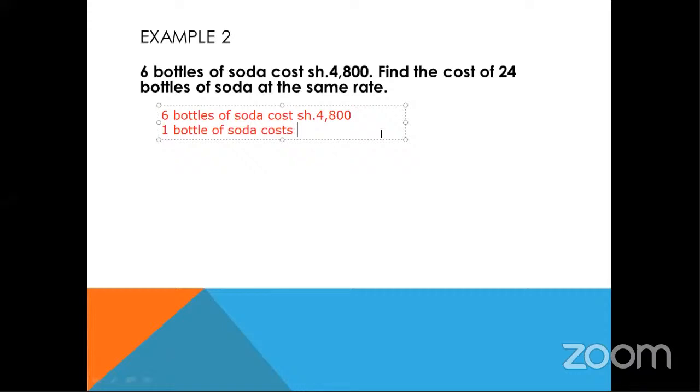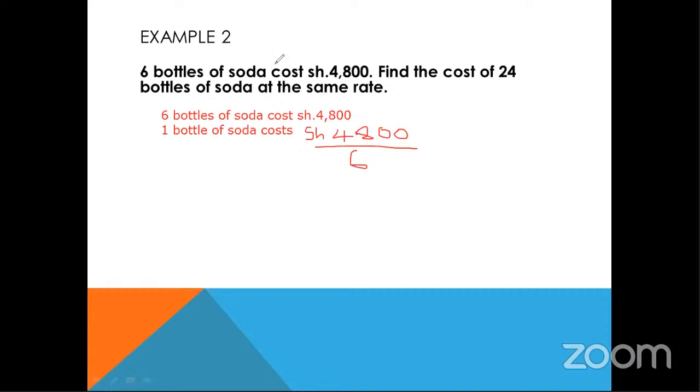800 shillings. Okay, very good. Given has got 800 shillings. So I'm going to write here that to get the cost of 1 bottle, we say 4,800 divided by 6.